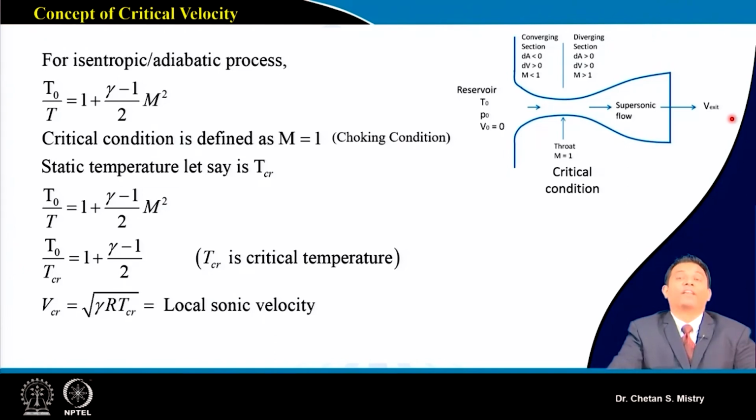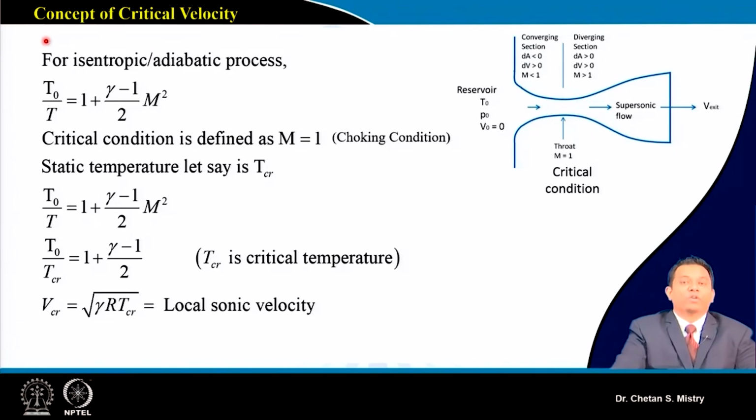So here our reference is the M equal to 1 condition, that we call the thermal choking condition. To derive the relation for critical velocity ratio, we will consider M equal to 1 as our reference condition.